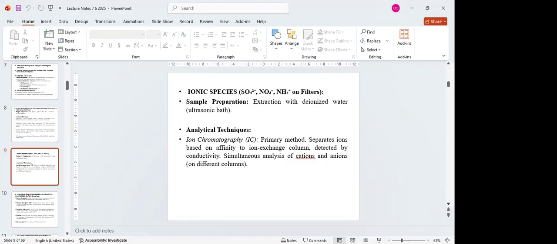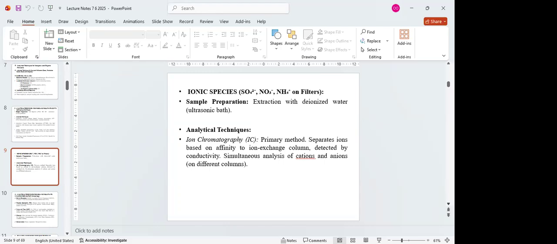Deionized becomes very important because these are ionic species. They are ionized, so you don't need to use a solvent that is ionic to extract it, or there will be interaction. So use a solvent that has been deionized and doesn't have any ionizable potentials to extract it.